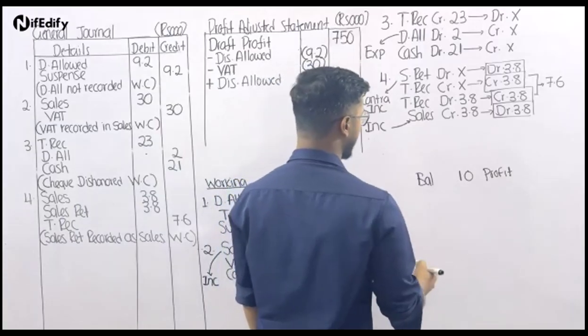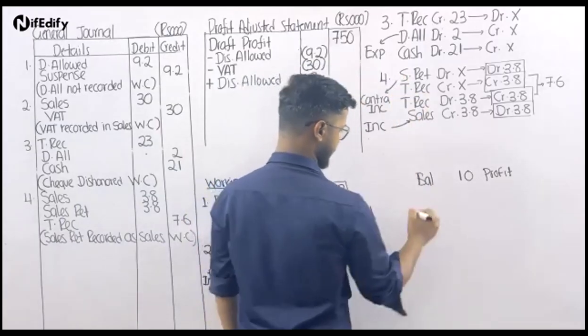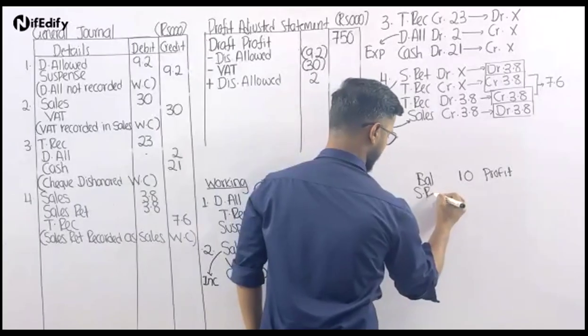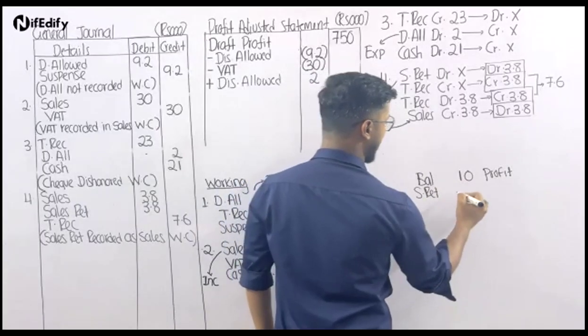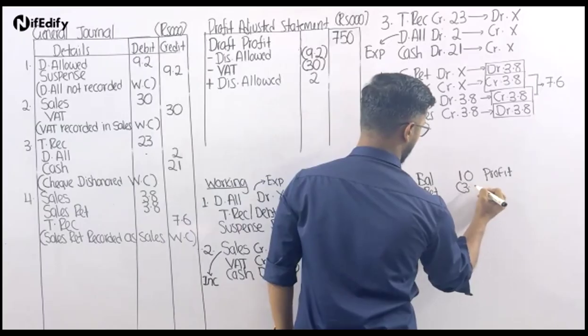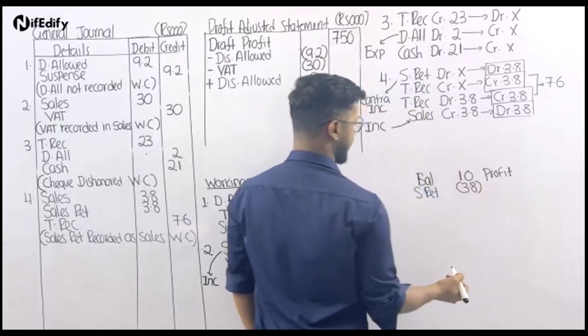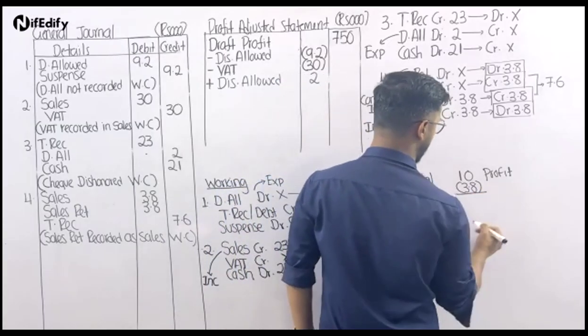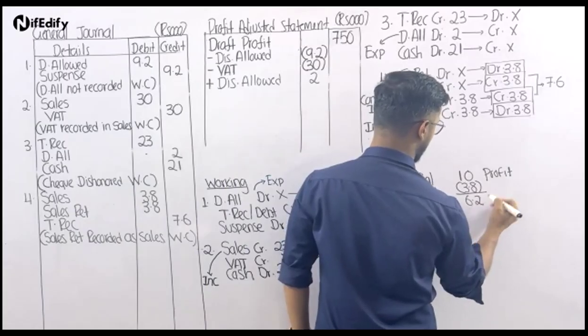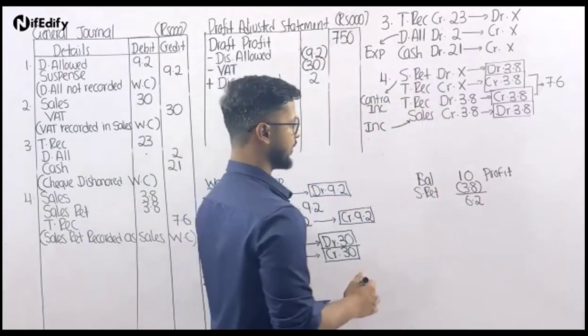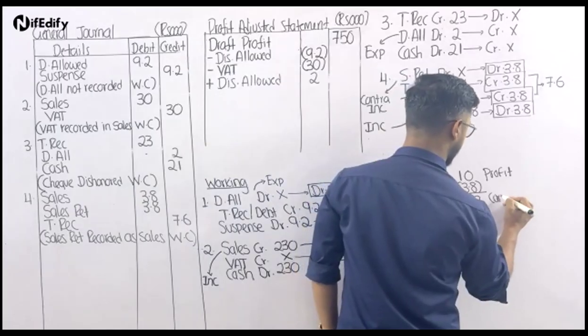Now sales return should reduce the profit. So your profit should be 6.2. This is the correct profit.